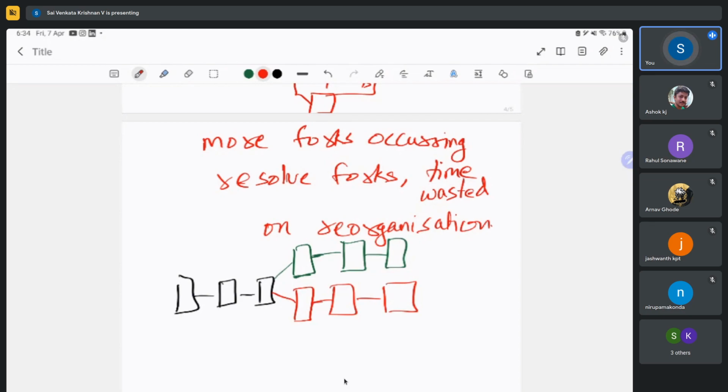But to find out the longest chain, there'll be multiple longest chains, and to resolve a fork means eventually one chain would increase in length, and that can be considered as the longest chain. But now since more forks are occurring and all the nodes are easily proposing new blocks, the time to resolve a fork, as in the time for a particular chain to become the longest chain, will increase so much.